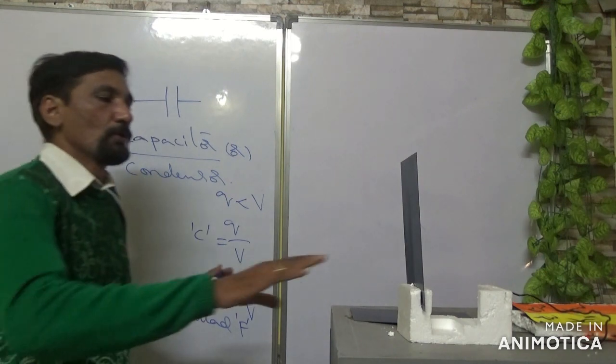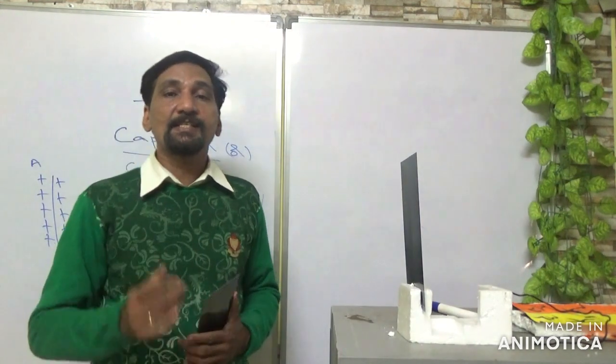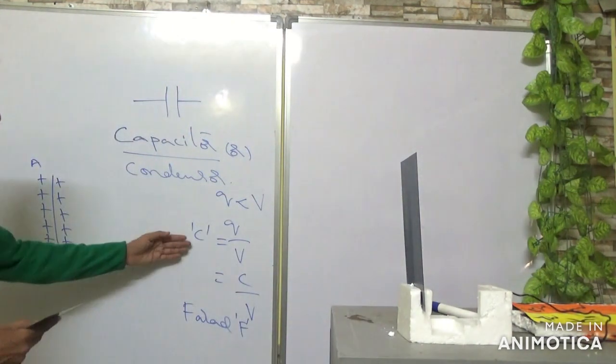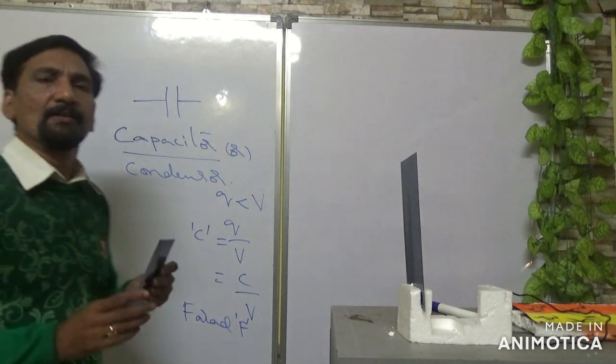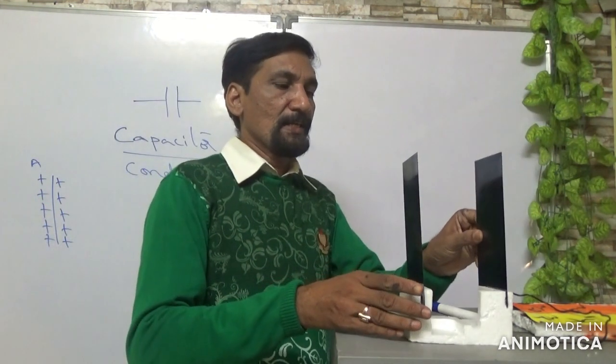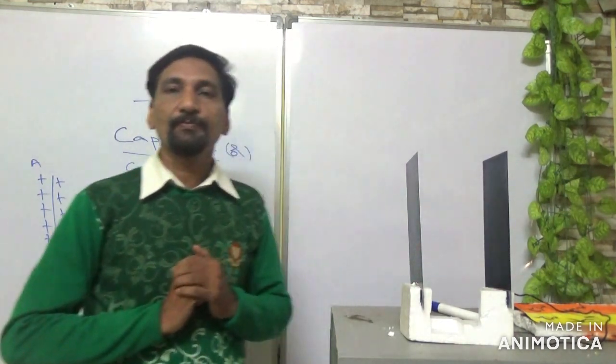Now we are going to know how to increase the capacitance of a condenser. Very simple. You place another plate B nearer to it.